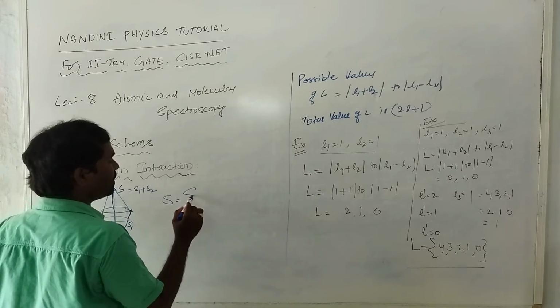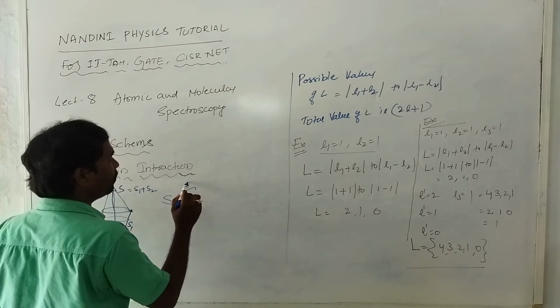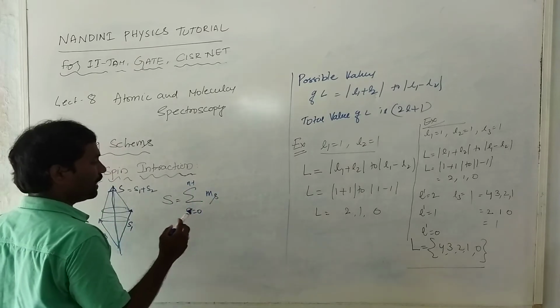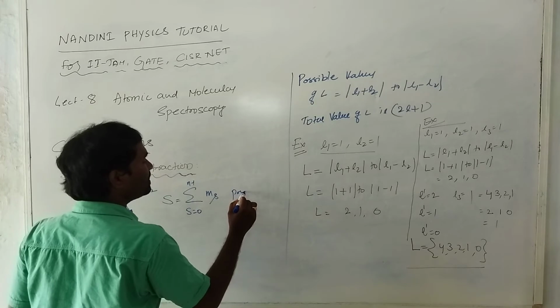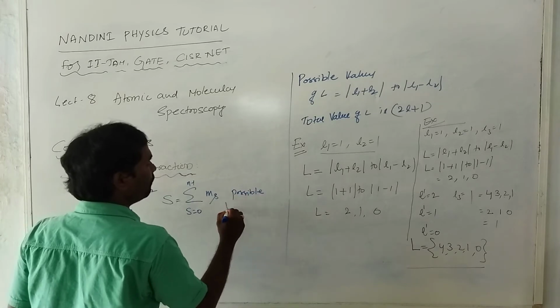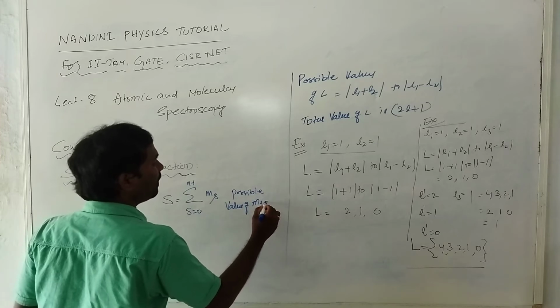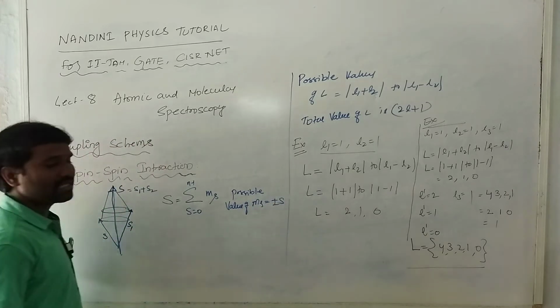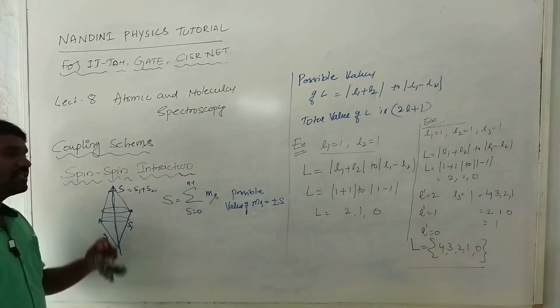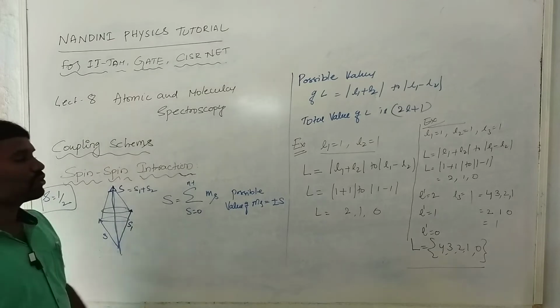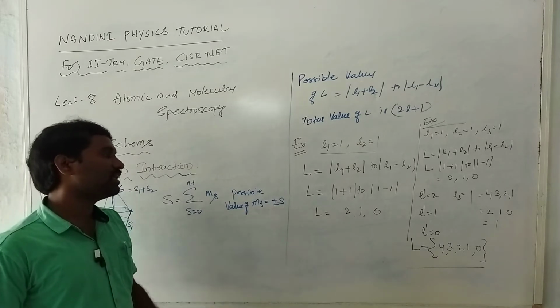Therefore the possible values of ms are plus or minus half, because it is a spin state. The spin of any state is represented by only half. So that's why the possible values of ms are nothing but plus or minus half.